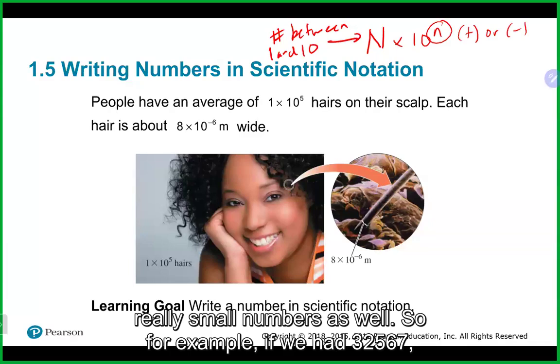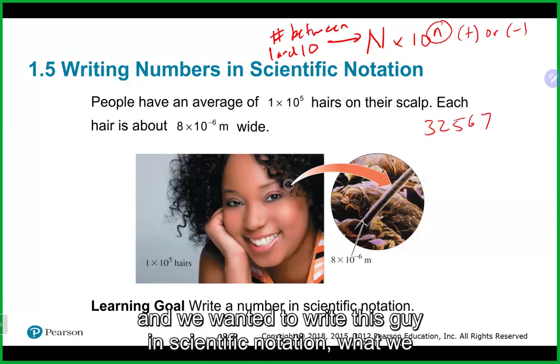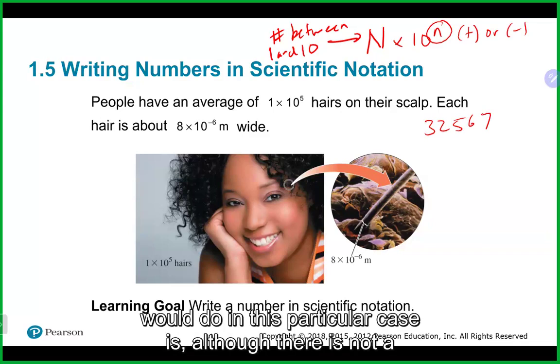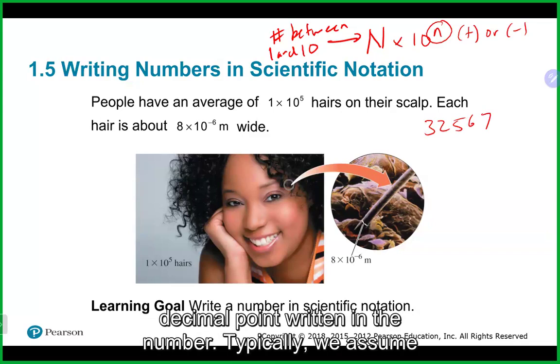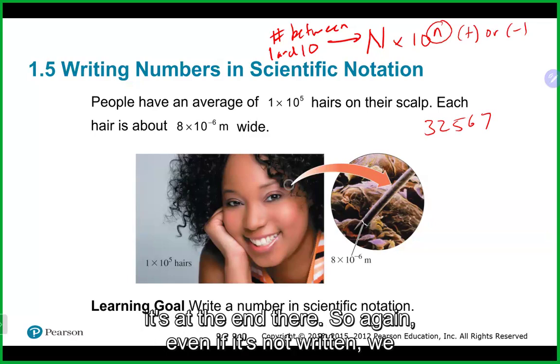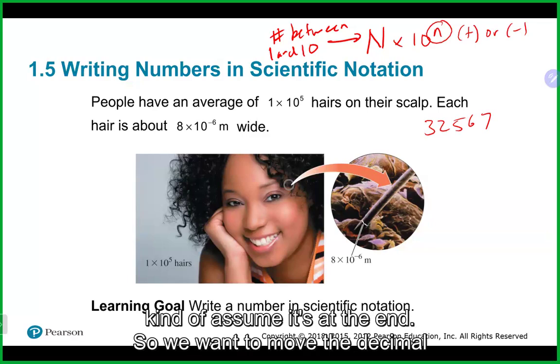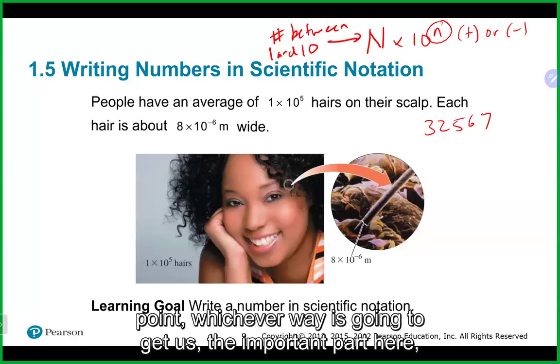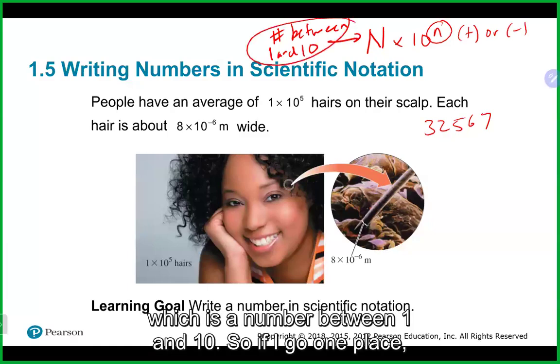So for example, if we had 3, 2, 5, 6, 7 and we wanted to write this in scientific notation, what we would do in this particular case is, although there is not a decimal point written in the number, typically we assume it's at the end there. So even if it's not written, we assume it's at the end. We want to move the decimal point whichever way is going to get us a number between 1 and 10.